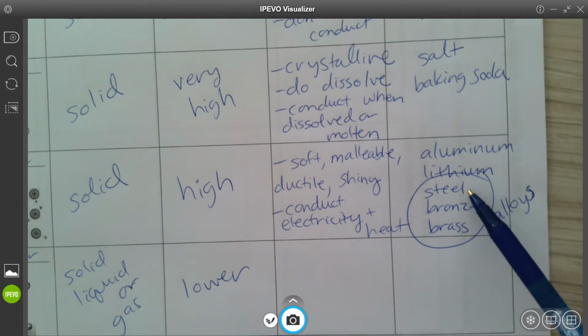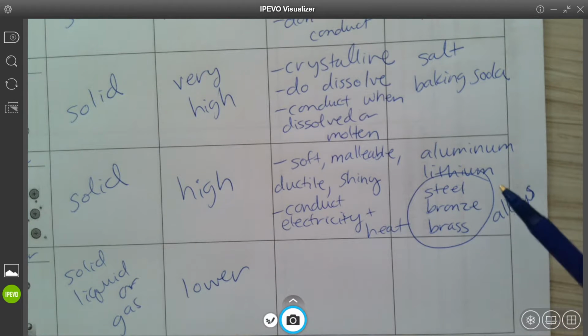So steel is mostly iron. Why wouldn't you want to build a building out of iron? What's it going to do? Rust, okay? So when they learned to make steel about, I don't know, 150 years ago? Industrial Revolution, right? When they realized that the reason they make an alloy is because it improves the properties of the metal.